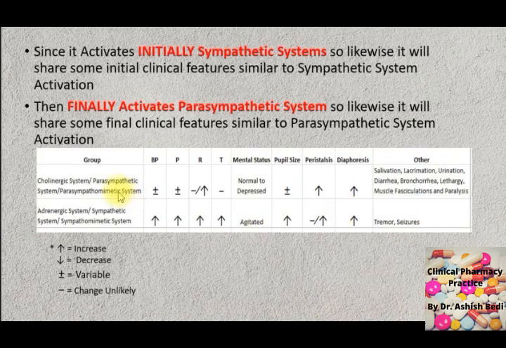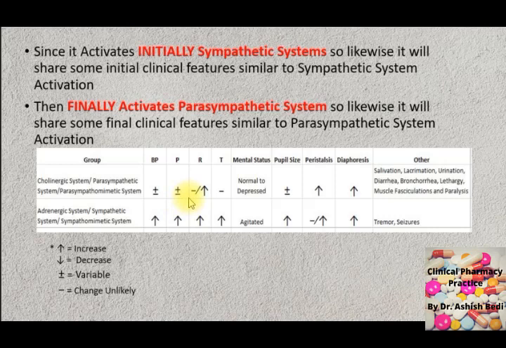And lastly, finally, it will activate the parasympathetic system. The BP will be fluctuating and variable, whether it becomes high or extremely low. In that case, we will see more hypotension. Pulse rate will go down, and the patient will experience bradycardia in higher doses.